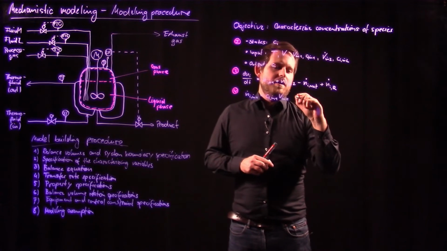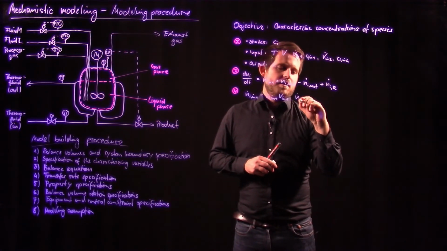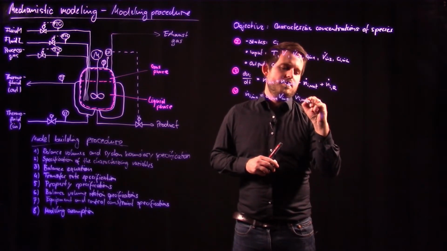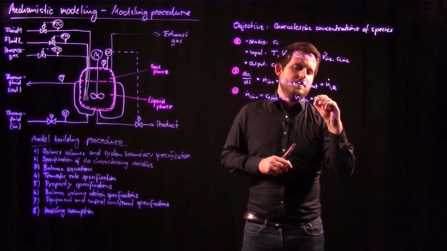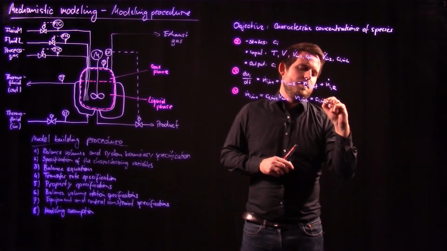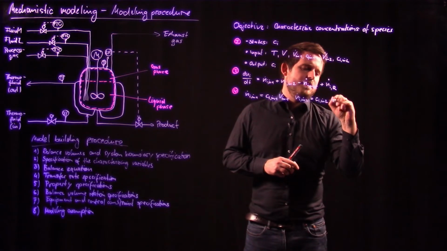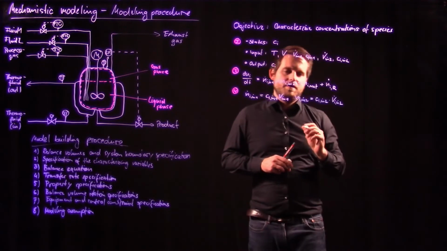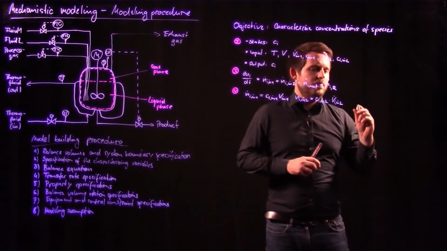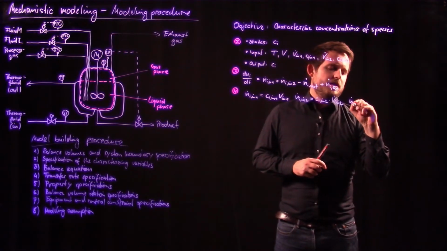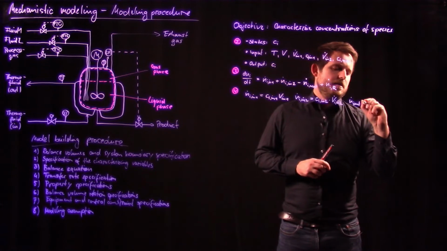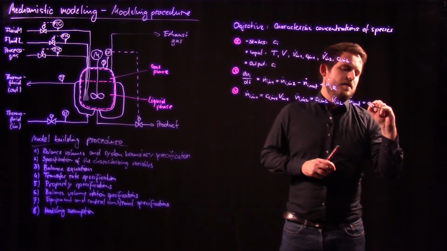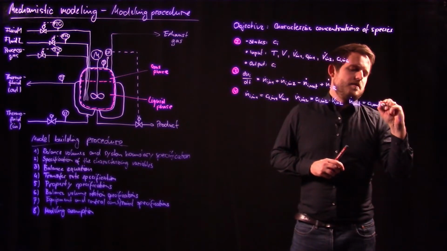Then we have n dot I in 2 equals Ci in 2 times V dot in 2. And we have the same for the output, n dot I out equals Ci out times V dot out.